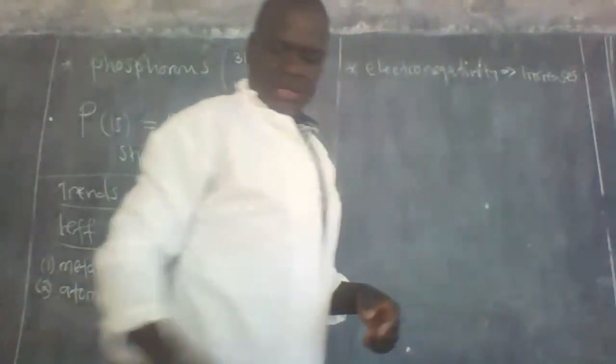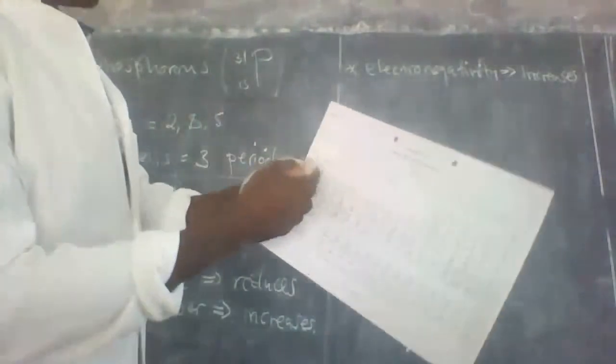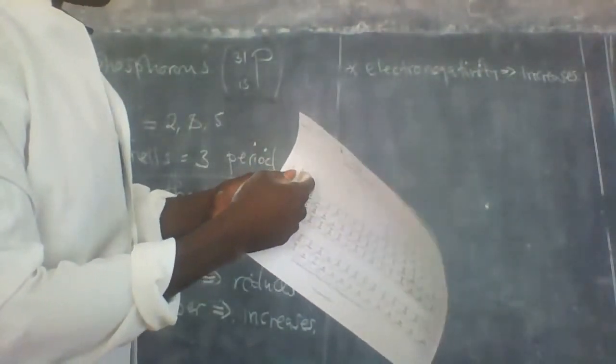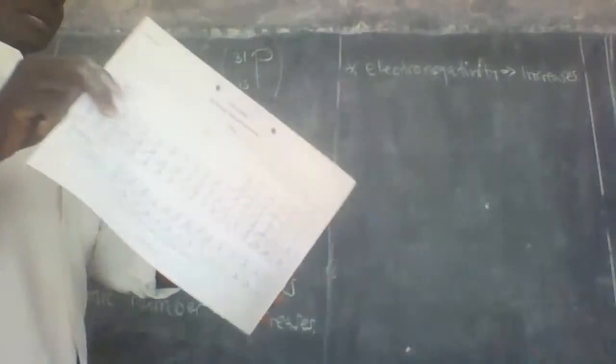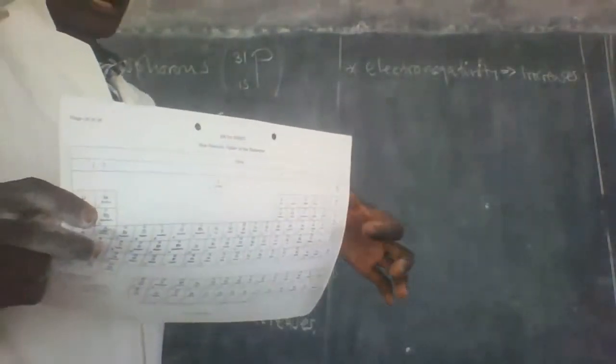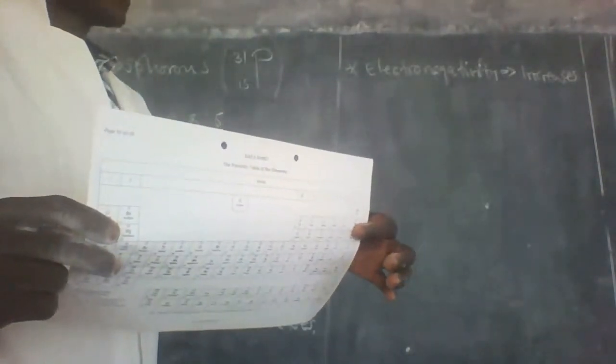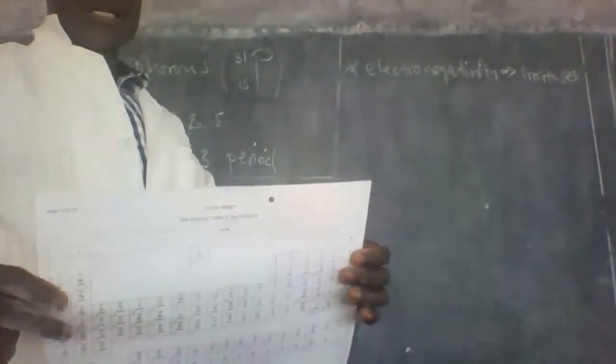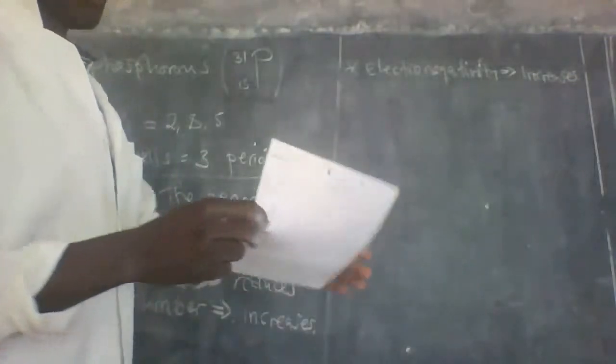What does it mean? It means these elements that are on the left are unlikely to attract electrons towards themselves. What it means is that these elements that are on the right have the highest capability of attracting electrons towards themselves.